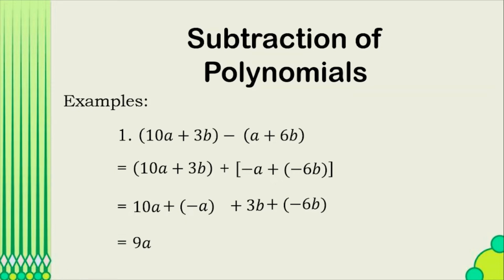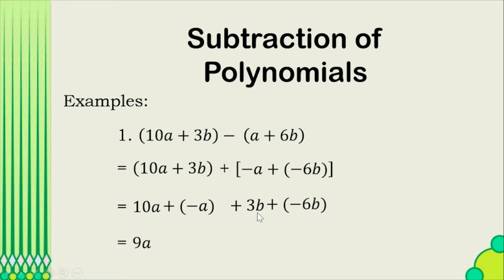So the absolute value of 10 is 10 and of negative 1 is 1. Then subtract. 10 minus 1 is 9. The sign of the number with the greater absolute value is positive. That's why this is positive 9. And copy the literal coefficient a. So we have now 9a.